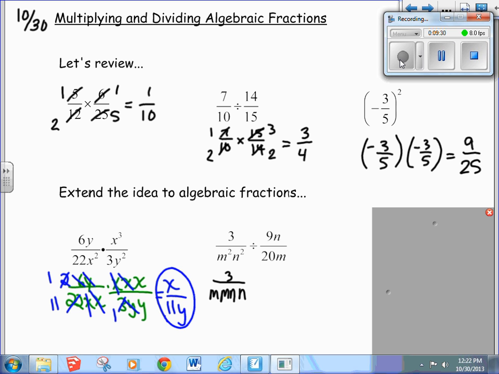Now what am I going to put here in the middle? Mary? And what am I going to do with the second fraction, Mary? Good, so what should I write here? 20m over 9n. Any questions about that?